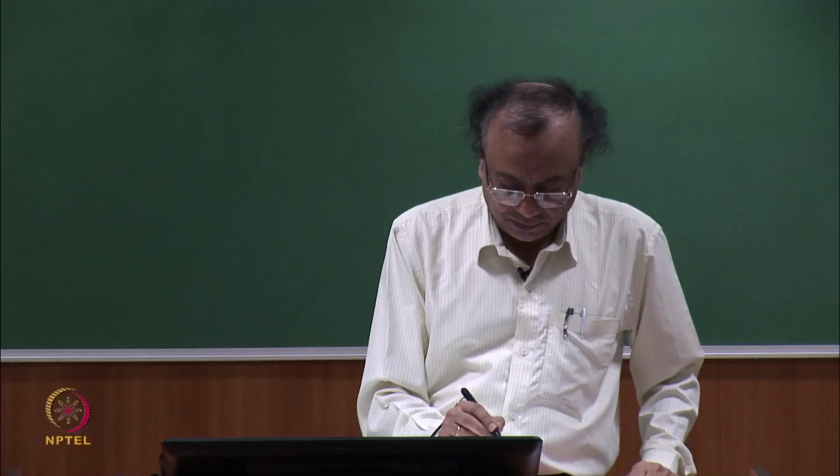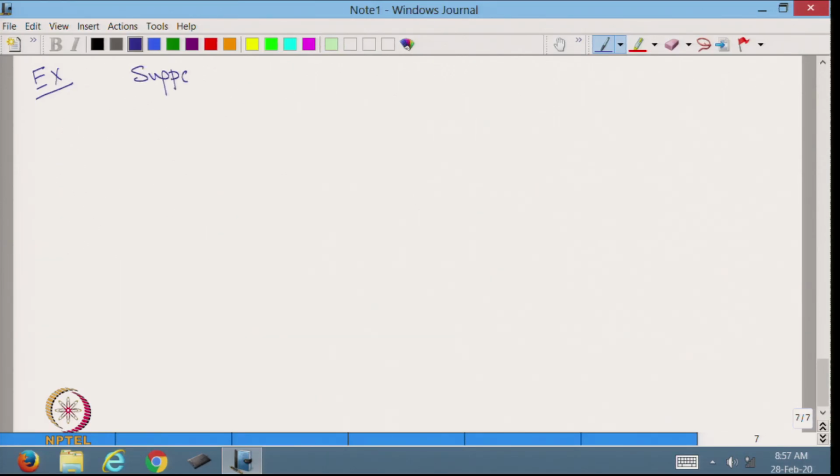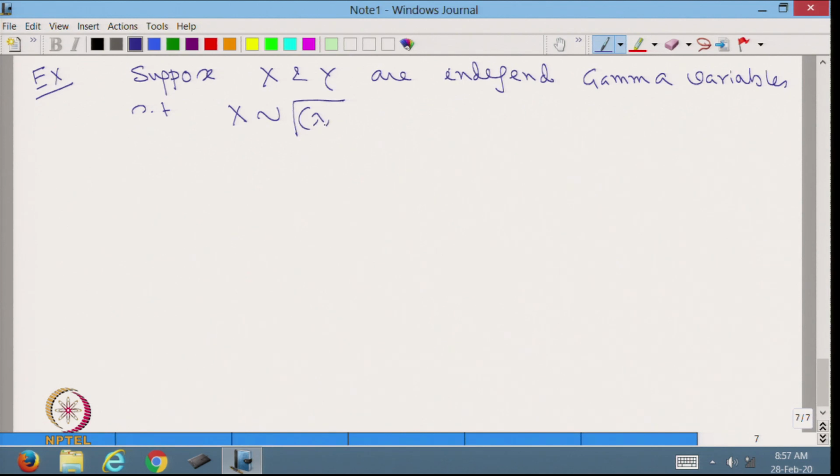Let us now consider another example. Suppose x and y are independent gamma variables such that x is distributed as gamma lambda comma alpha, and y is distributed as gamma lambda comma beta.